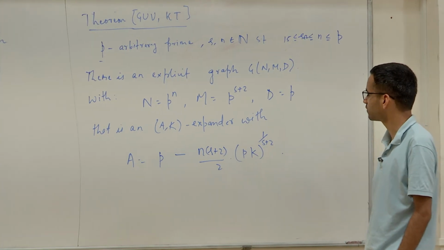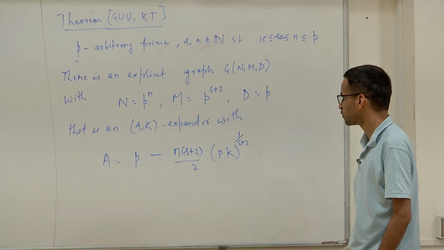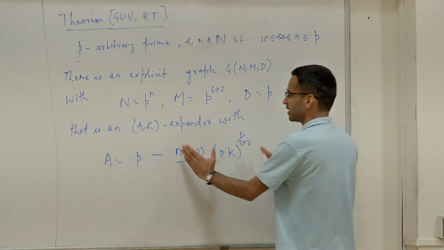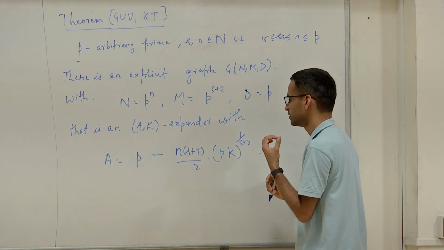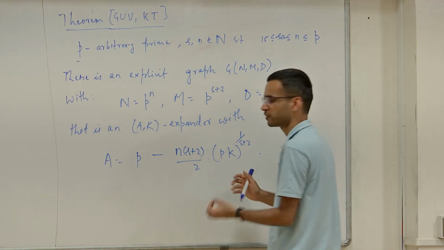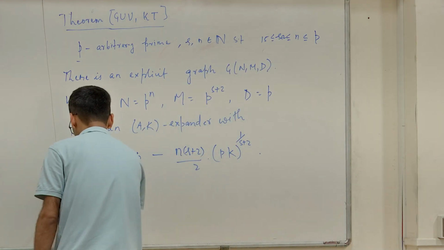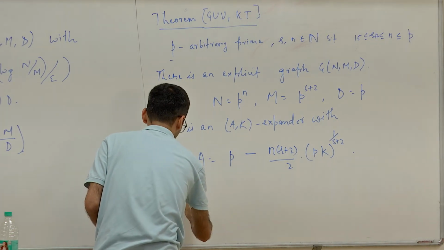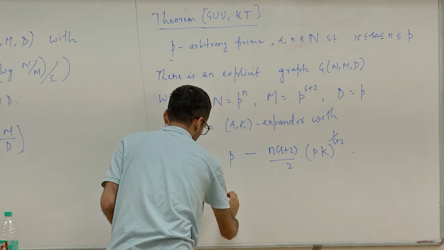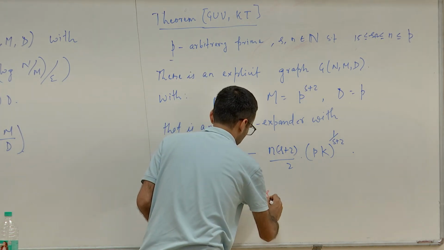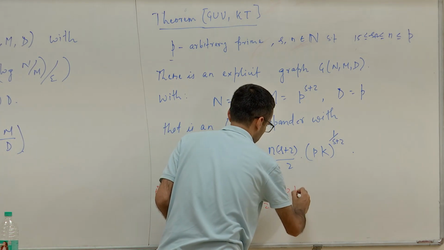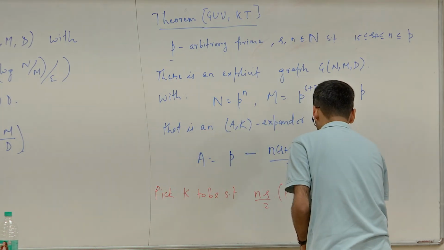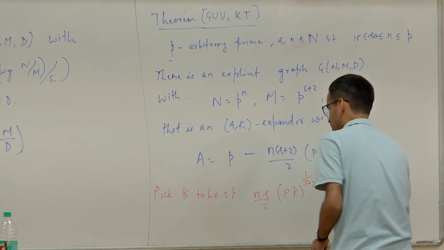So how do we make sense of this a? One way to make sense of this a is that you set k to be something small enough such that this part, n s over 2 times p times k to the 1 over s plus 2, looks like epsilon p.